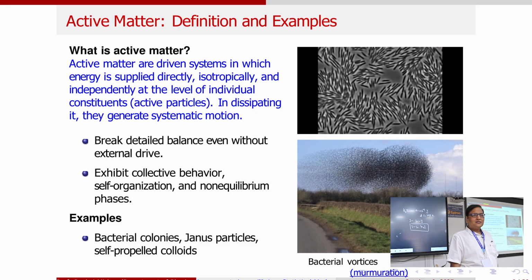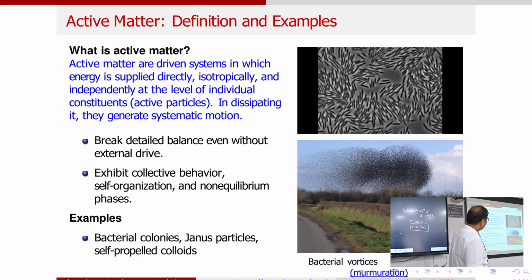In other words, sometimes people say that active particles take energy from their surroundings and behave independently, and in the process they exhibit structures as well as some sort of directed motion. So now we are talking about the supply of energy at the constituent level, not at the bulk level. In the earlier case, it was a bulk material to which we were supplying heat. So this is the definition.